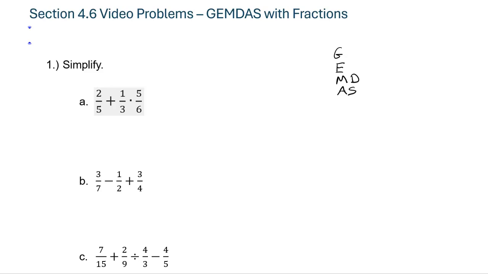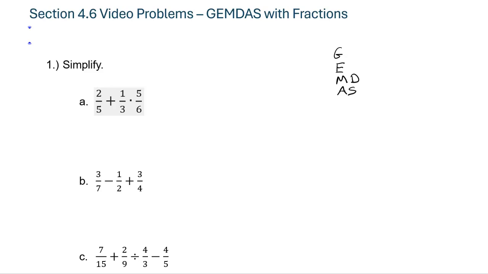Now, clearly I use Google, but once again, don't want to admit my age, but that sort of does, given that Google Maps did not exist when I started driving. But that's beside the point. You want to look at your map before you go. So that's what we want to do here with GEMDAS. We look at our map and then we look at the problem and we figure out whether where we are in the map applies to the expression that we're looking at.